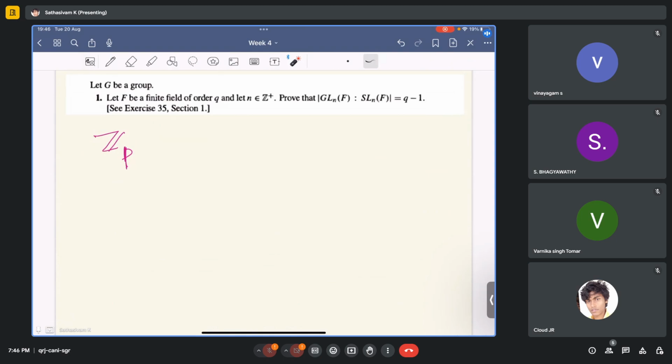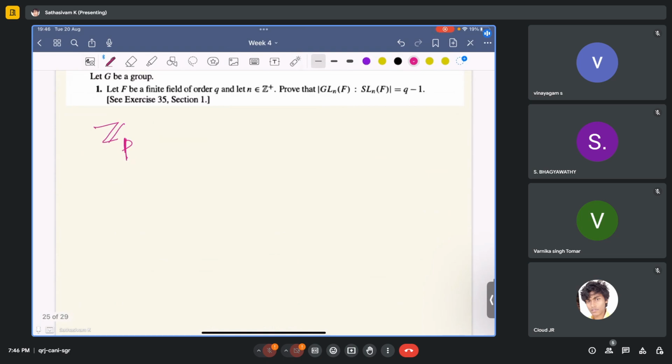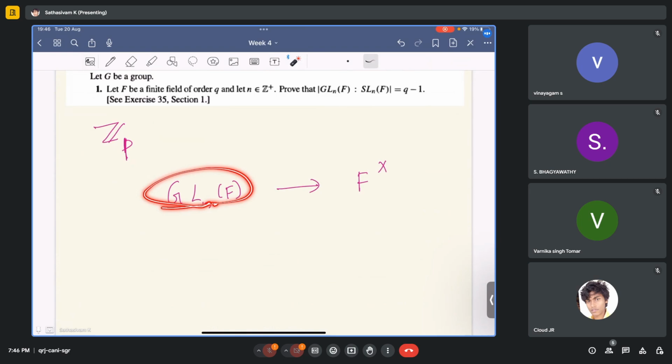Okay, so the first problem says prove that the index of SL_n(F) in GL_n(F), that is GL_n(F) by SL_n(F), is q minus 1. We will use the first isomorphism theorem to prove that. What you do is you take the map from GL_n(F) to F star. What is GL_n(F)? This is basically the set of all invertible matrices, right?